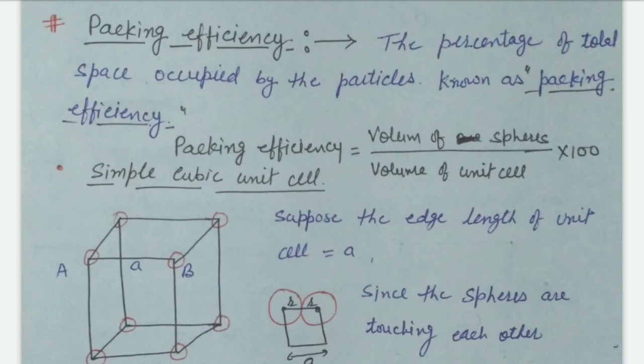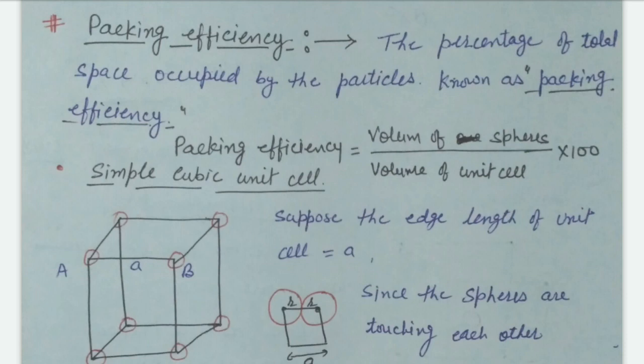The percentage of total space occupied by the particles is known as packing efficiency, where particles means atoms, molecules, or ions. Ions means cations or anions. It means the maximum area occupied by atoms, molecules, or ions is called packing efficiency.